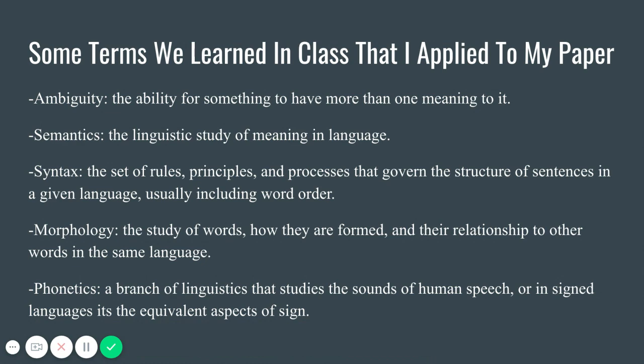Morphology, that's the study of words, how they're formed, and their relationship to other words in the same language. And lastly, phonetics. This is a branch of linguistics that studies the sound of human speech, or in sign languages, this is the equivalent aspects of sign.